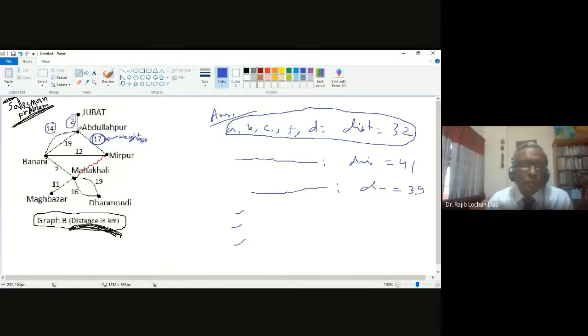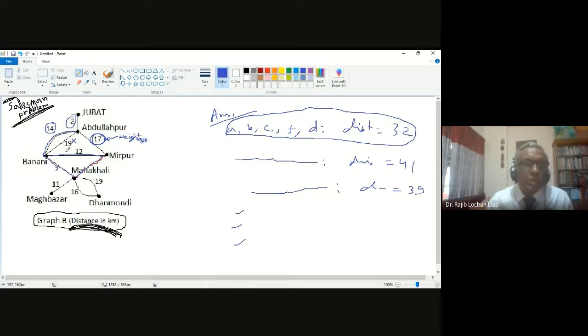Say Abdullahpur to Bonani, you have two routes. One is 14, one is 19. So you do not need to take 19. You will automatically cancel 19, and don't need to show the 19 option. So you will take only 14. And then you have 12, then like that, and you have directly 2.